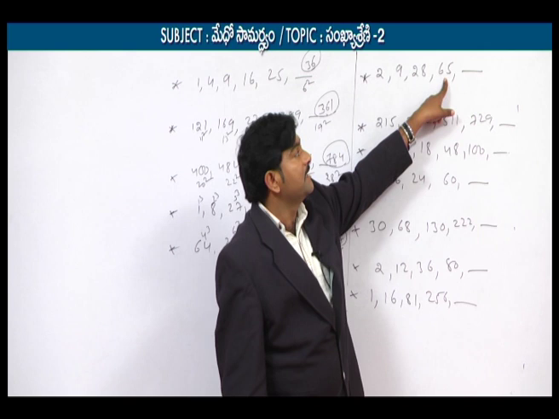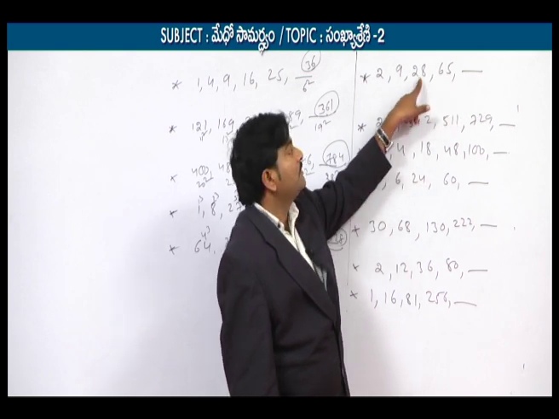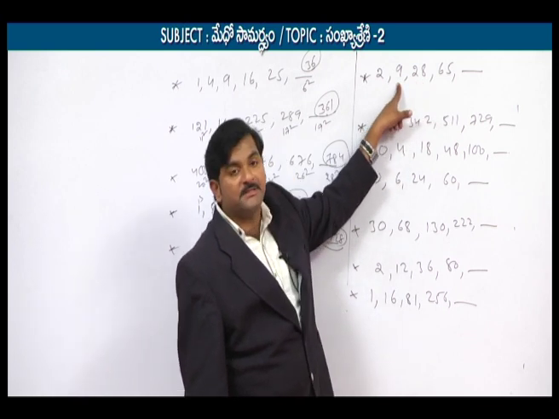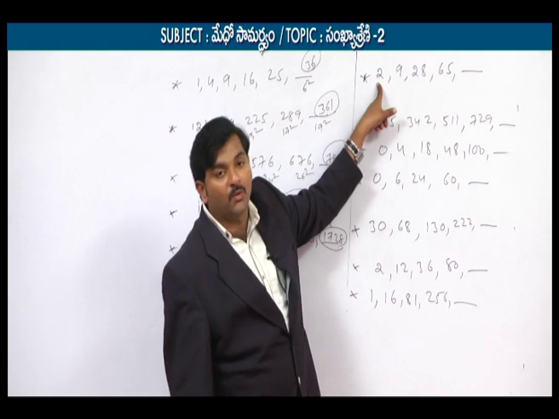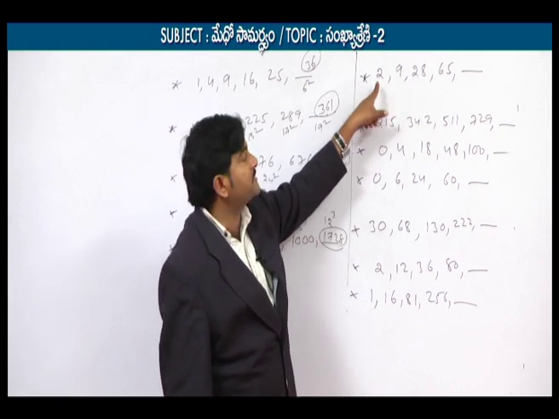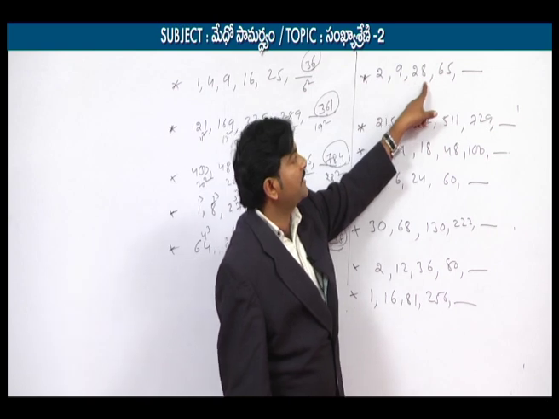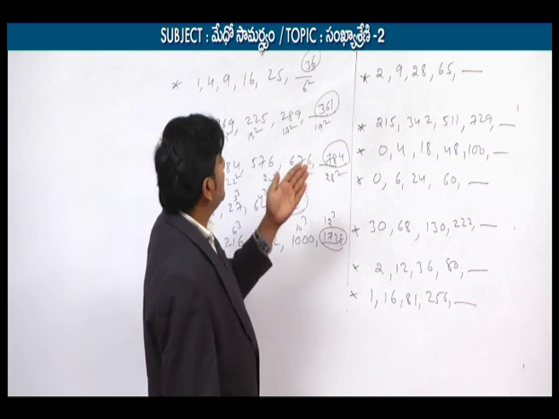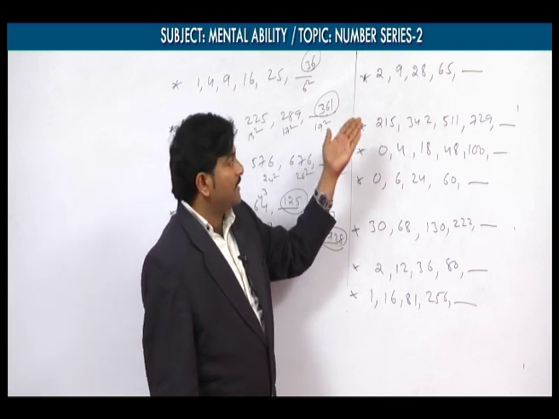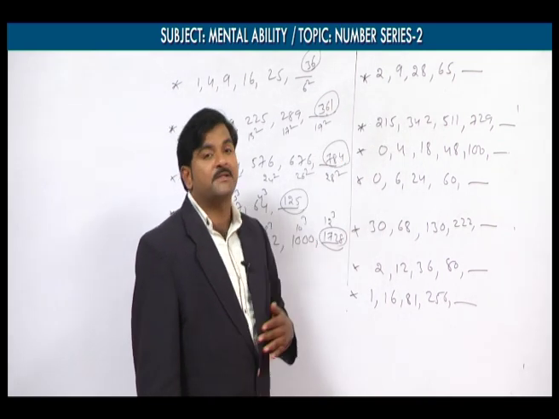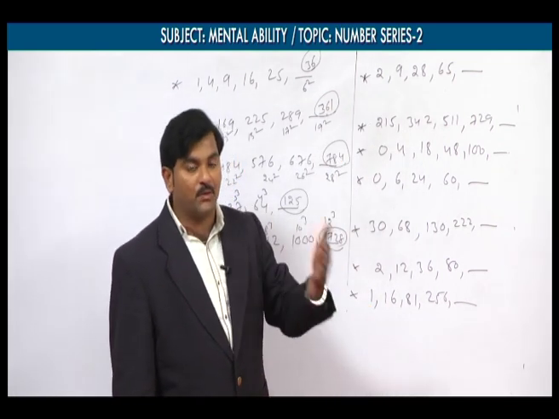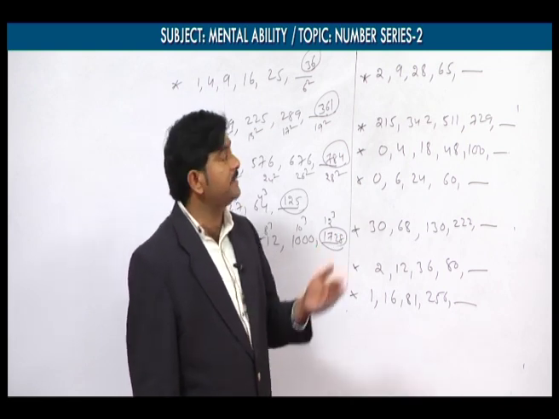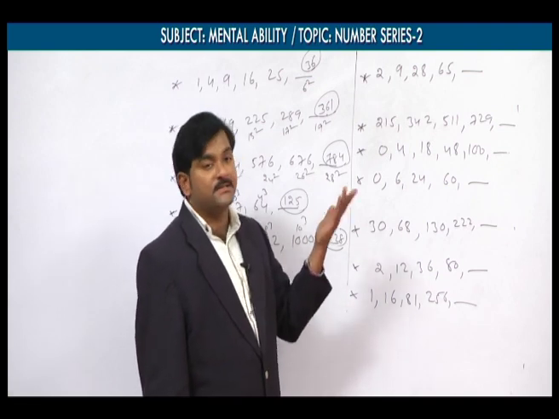Clearly, if you observe here, 65 is near to 64, 28 is near to 27, 9 is near to 8 and 2 is near to 1. Why am I stressing 1, 8, 27 and 64? We know already, these are the continuous cubes. 1 cube means 1, 2 cube means 8, 3 cube means 27, 4 cube means 64.